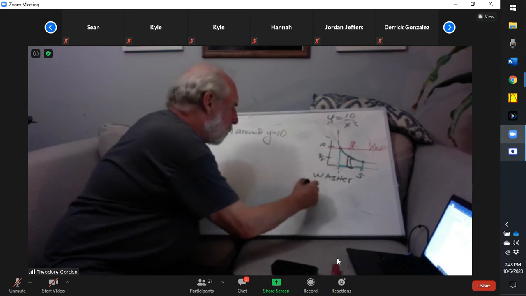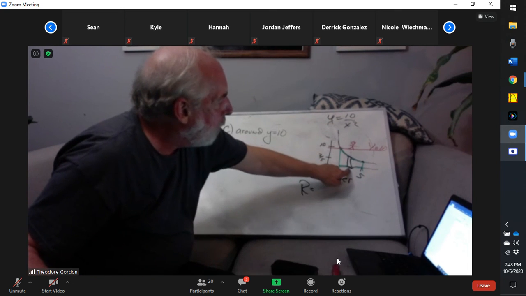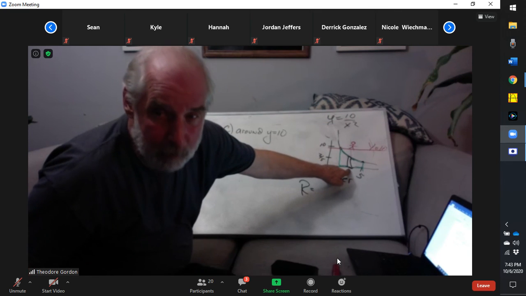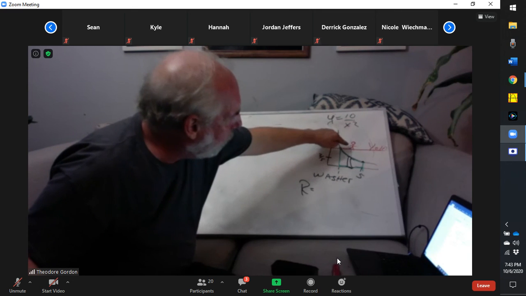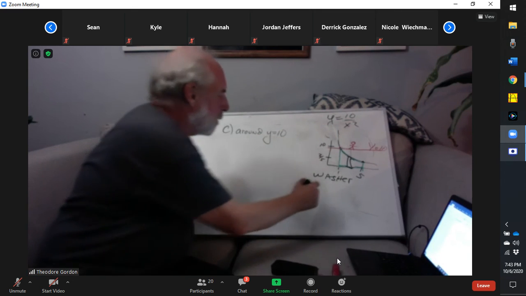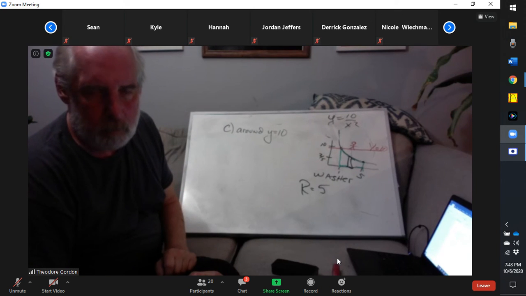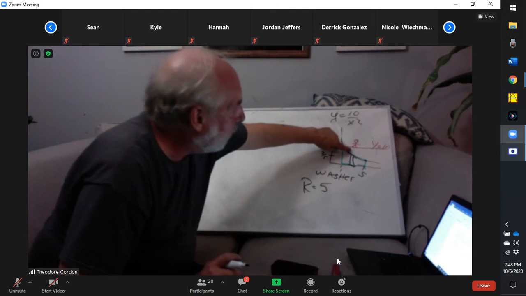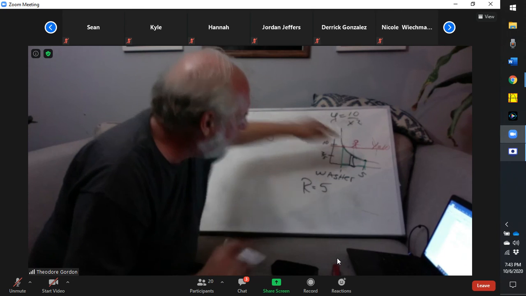So big R. From the line we're spinning, now this part right here, that's the top of the rectangle when you're standing up here. So from the red line to the x-axis is 5. That's big R. Little radius, the radius of the hole of that washer, is this dotted line.